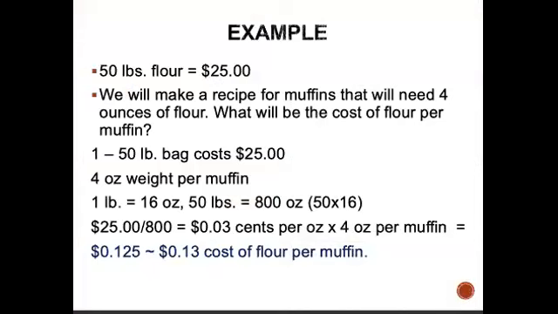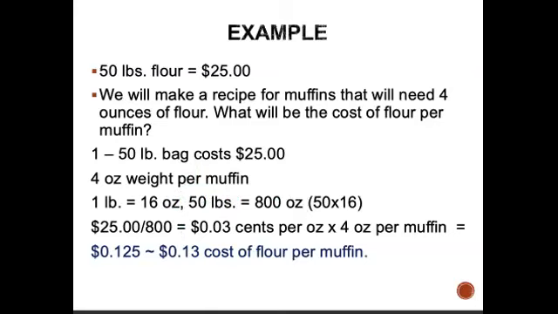So how do we calculate that? 50 pounds of flour, let's say that costs me $25. And I want to make a recipe for muffins that needs 4 ounces of flour. What would be the cost of flour per muffin? 1 pound is equal to 16 ounces and 50 pounds is equal to 800 ounces.